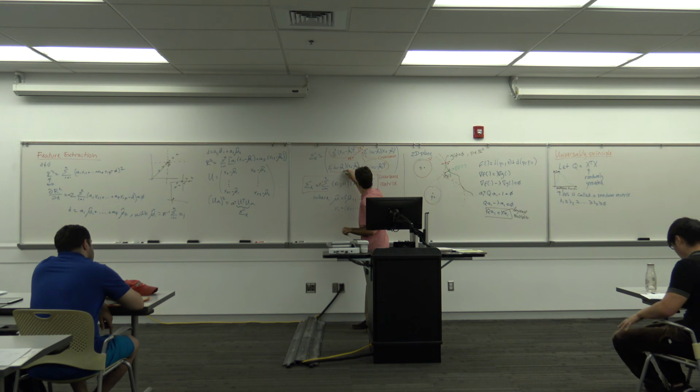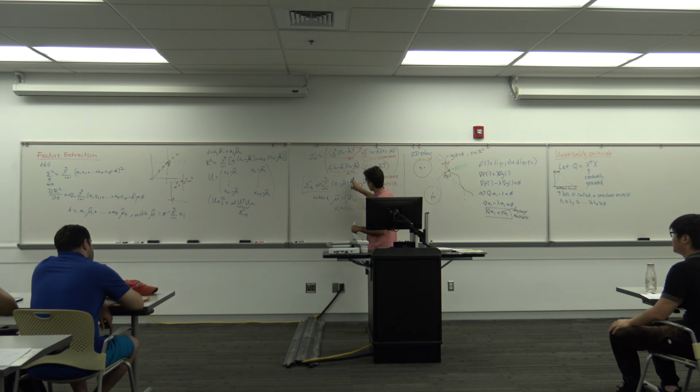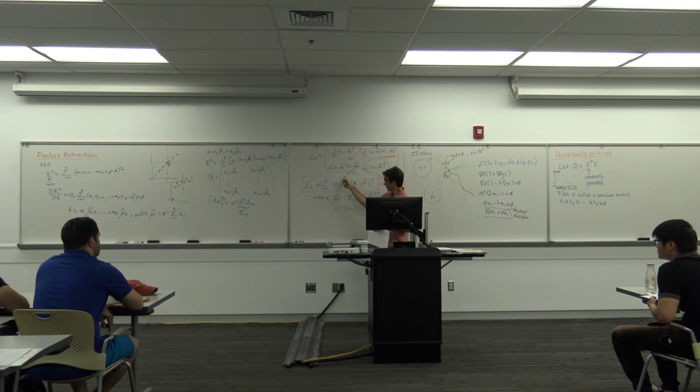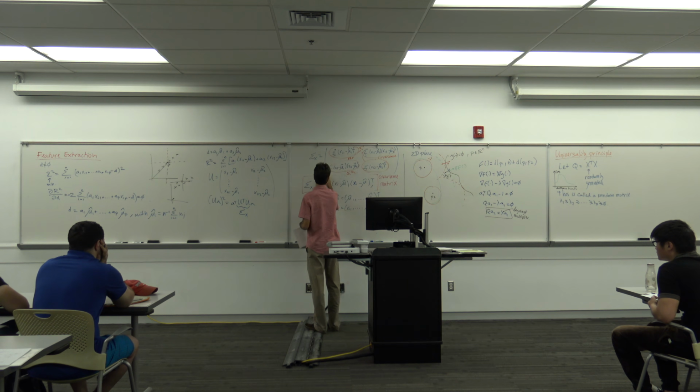So the covariances are the variance about i, the variance about j, times a scalar. Anyone knows what this scalar is called? Very good, correlation. That's in fact what the correlation is.